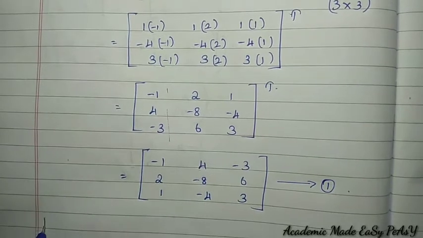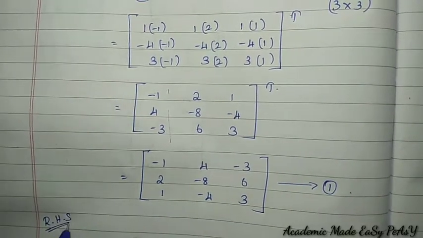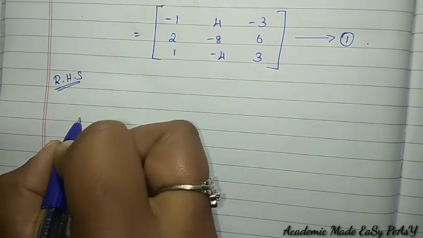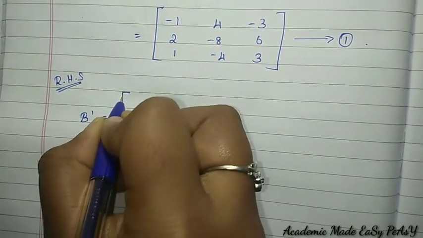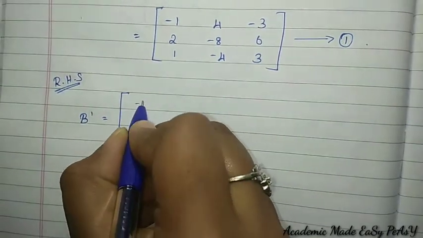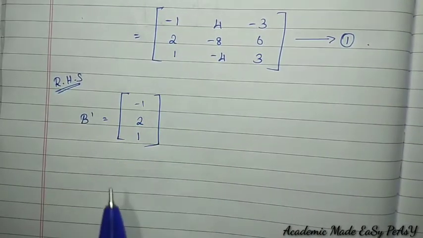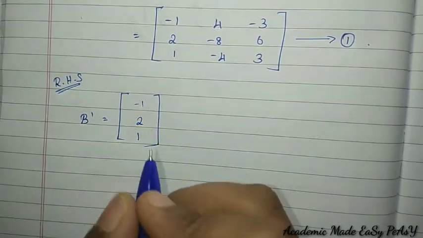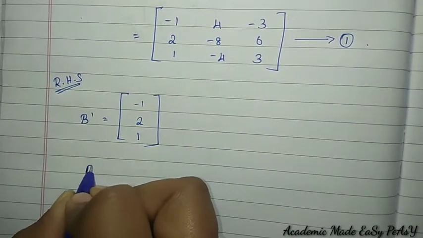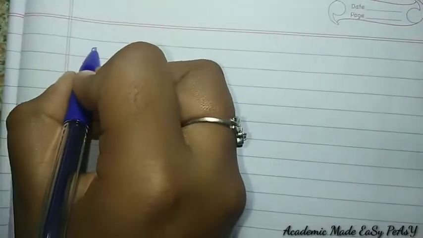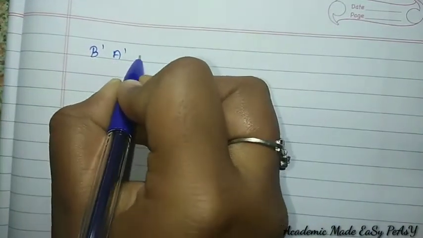My RHS, if I go to my RHS, B transpose into A transpose. So I have to find B transpose first. So I have this, the transpose of matrix B. So next I will be taking A transpose. So now I will be multiplying B transpose into A transpose.